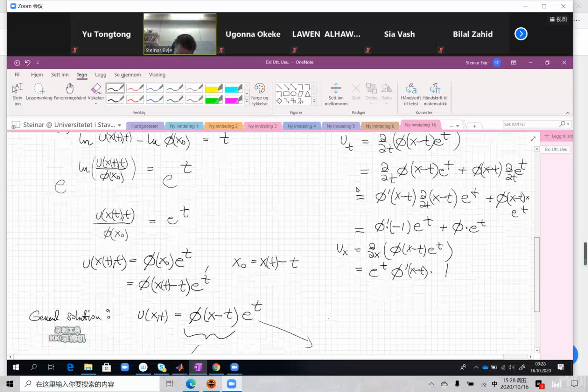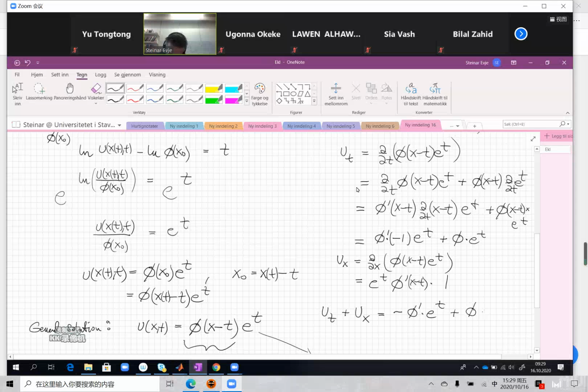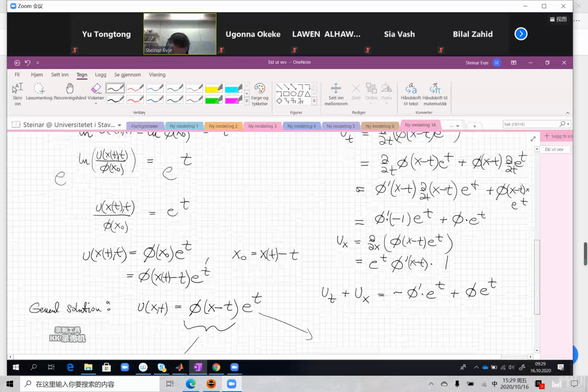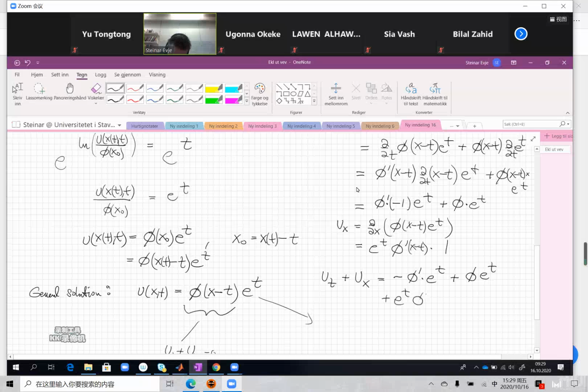Now we can plug into the equation: ut plus ux is, in other words, equal to minus phi prime multiplied by e^t plus phi e^t plus e^t phi prime.